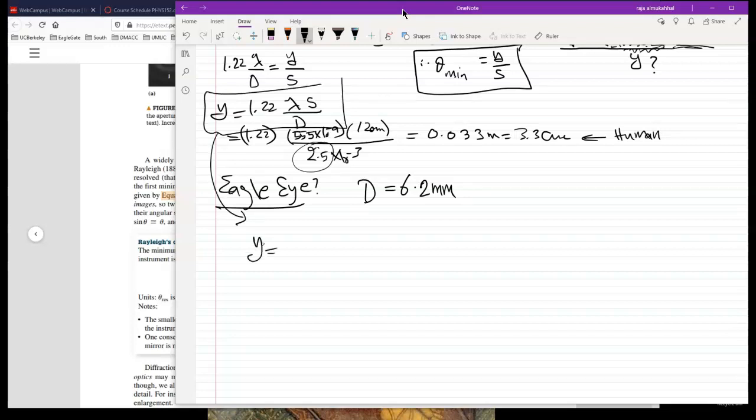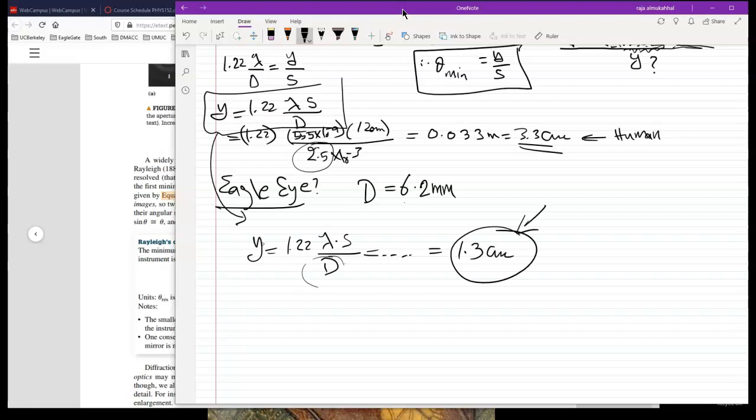So Y is going to be 1.22 lambda S over D. All the numbers are the same except the D. You're going to plug in this one. You do it yourself, and you'll end up getting 1.3 centimeters. So the human eye will see it at the minimum have to be 3.3. For the eagle, only 1.3 centimeters will be able to see that mouse or whatever it is.